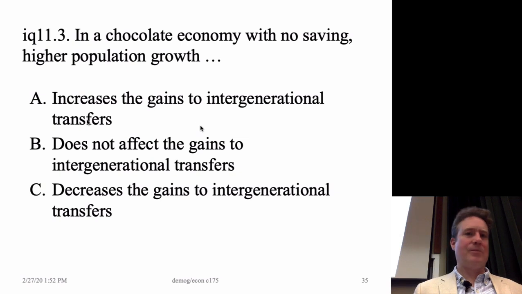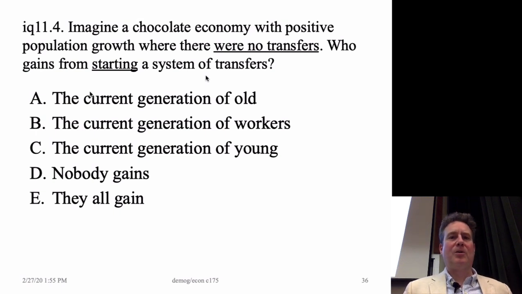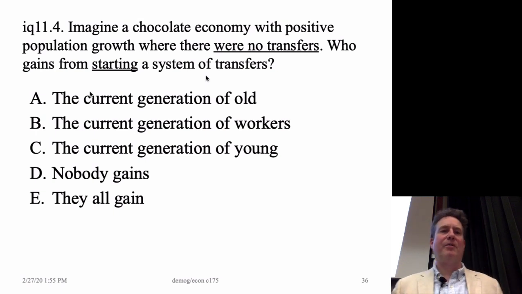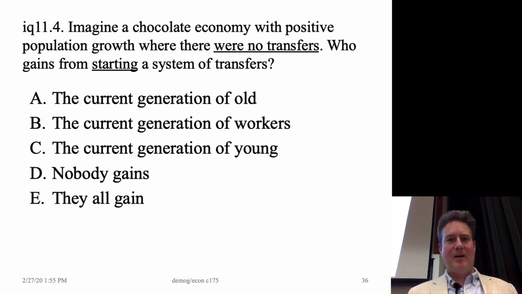Okay, so we've got 5 minutes left. Let's do a few more of these. Suppose we've got a chocolate economy with positive population growth where there were no transfers. Who gains from starting a system of transfers?